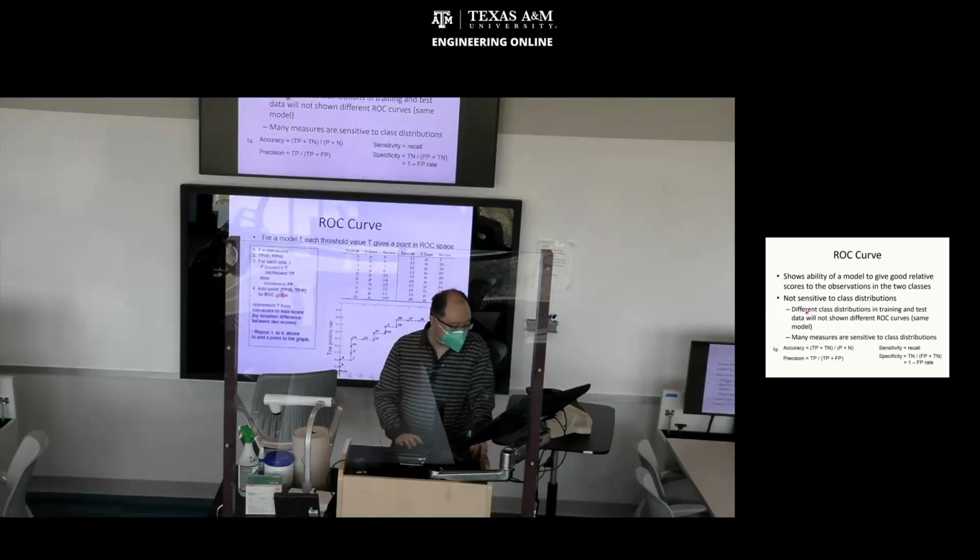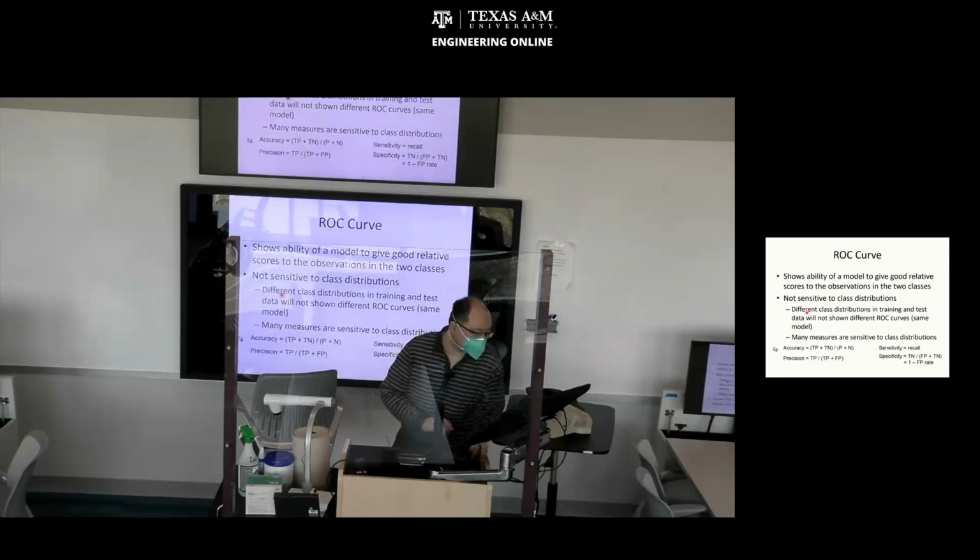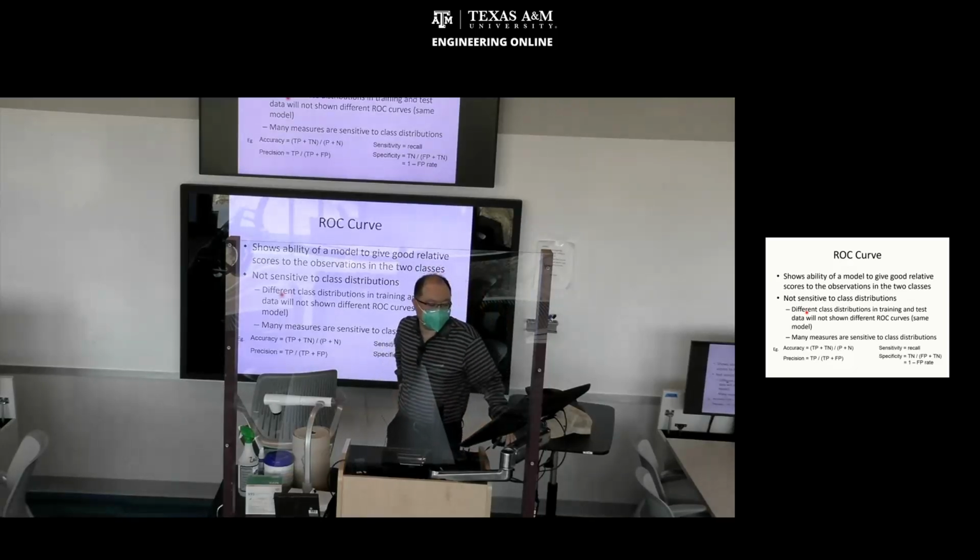Okay, so as I said, the ROC curve gives you the ability to rank the two classes. There's no doubt of that, and it goes through all the thresholds and looks at this distribution, the curve, and the area under the curve.